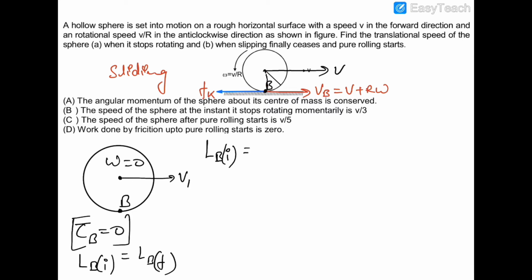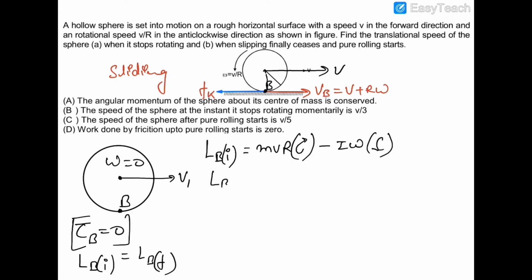The translational angular momentum of this sphere about point B is in the clockwise sense, and this momentum is mvr. As well as the rotational angular momentum of the sphere about its center is in the anti-clockwise sense, so it is minus I omega.